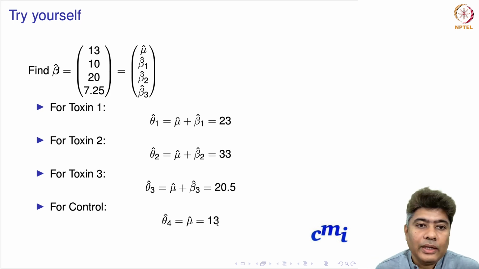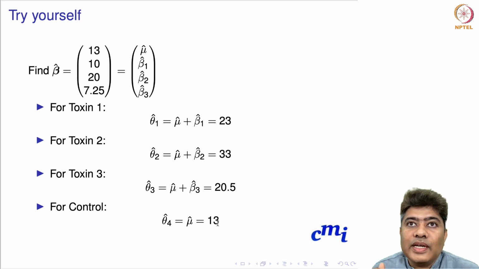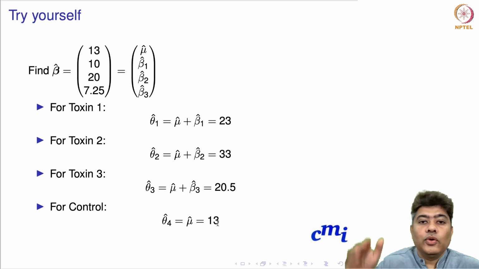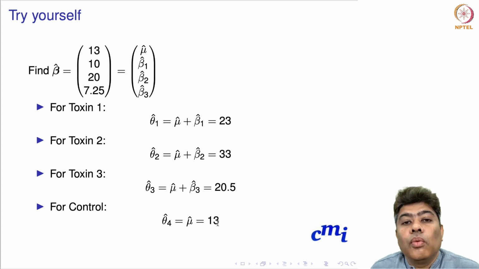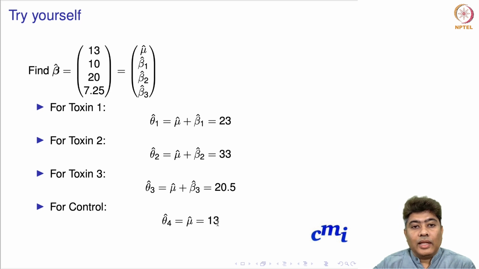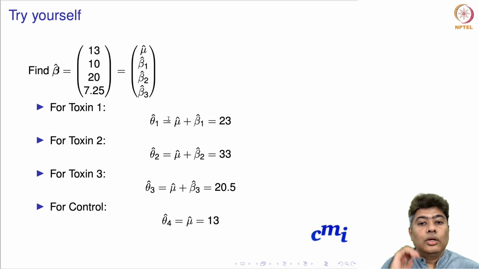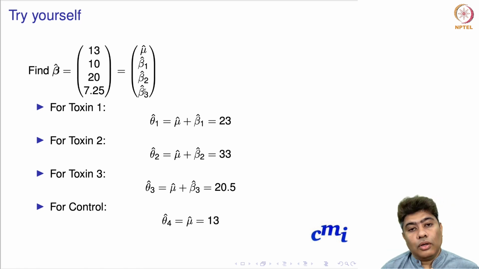So mu hat represents the control group, because we sacrificed it, and it serves as the baseline. Beta 1 hat is the difference between the baseline and the toxin 1 group. Beta 2 hat is the difference between the baseline and the toxin 2 group, and beta 3 hat is the difference between the baseline and the toxin 3 group.